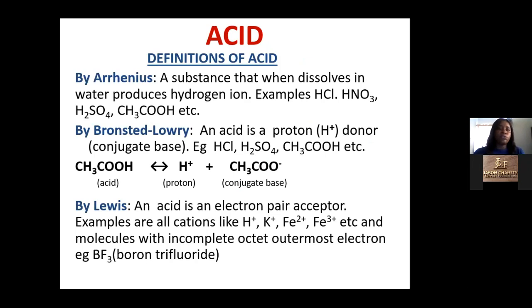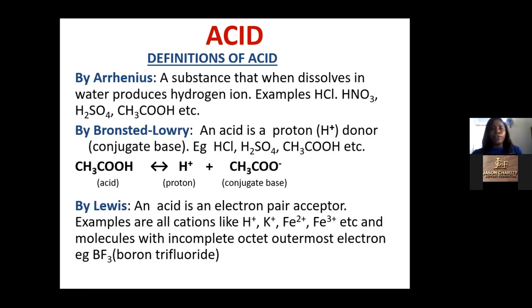Now, Svante Arrhenius gave the following definition of an acid. He defined an acid as a substance that, when dissolved in water, produces hydrogen ion as the only positively charged ion. Examples of acid: we have hydrochloric acid, trioxonitrate 5 acid, that is HNO3.